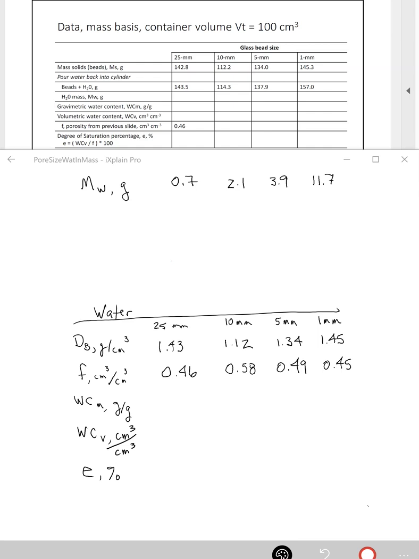Now we've got a mass of water, so our next thing that we can do is the gravimetric water content.